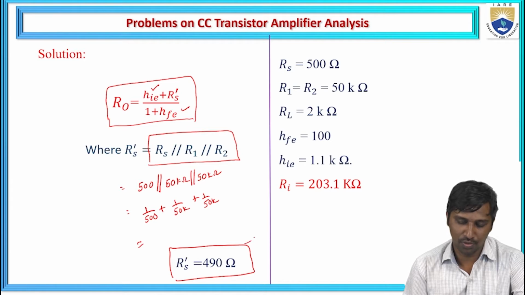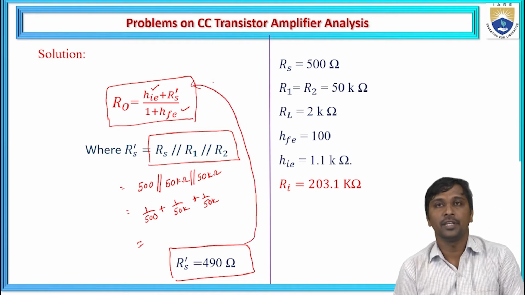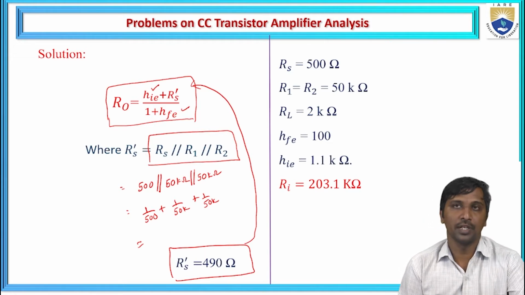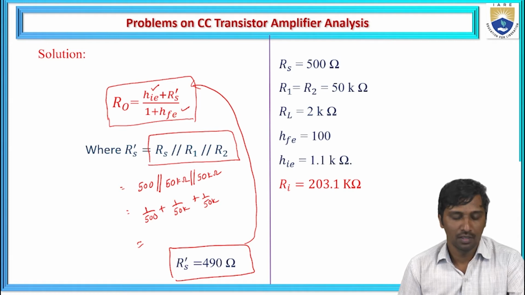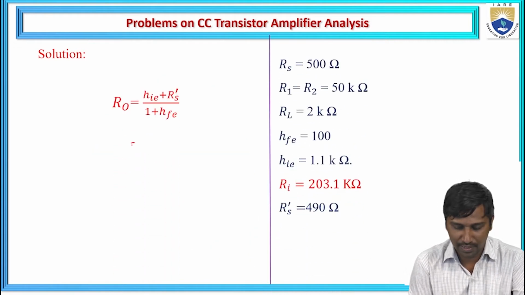Now we need to substitute this R dash S value to determine the total output impedance of the common collector transistor amplifier. What is the HIE value?